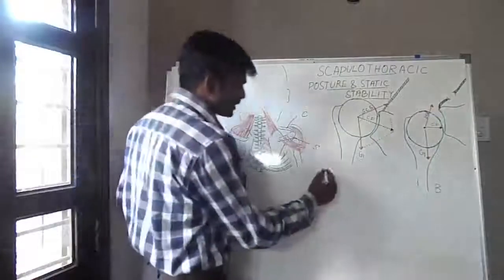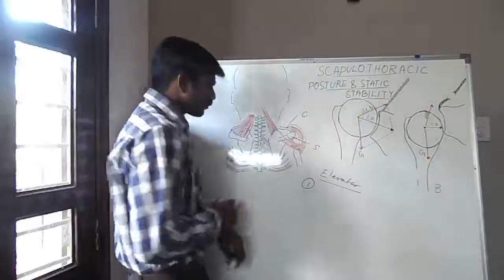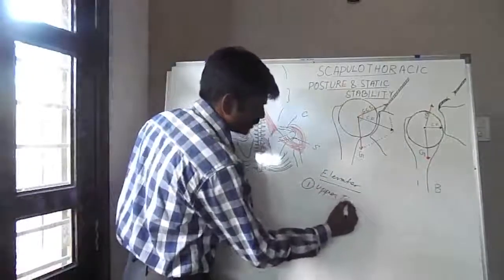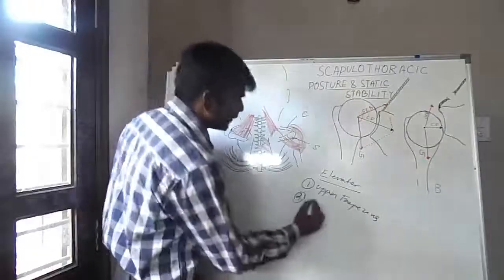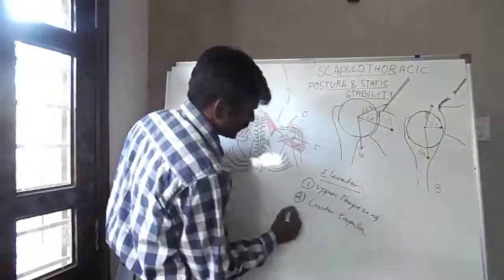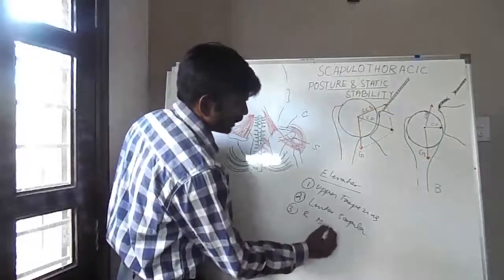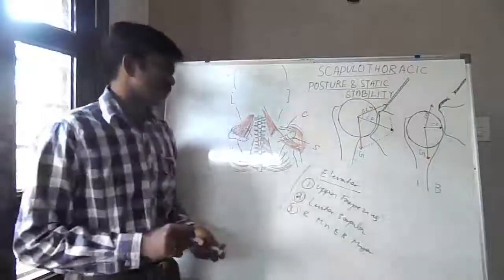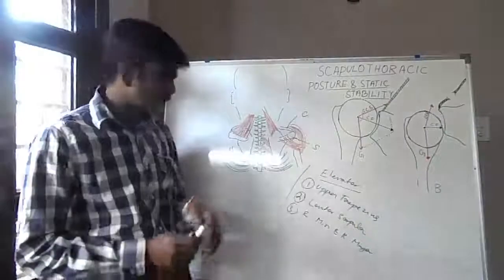So the elevators are the upper trapezius, the levator scapulae, and the third is rhomboideus minor and rhomboideus major. So these are the three muscles of elevation of the scapulothoracic joint.